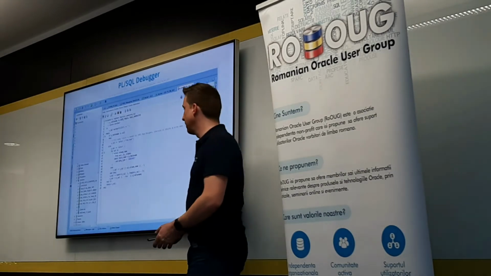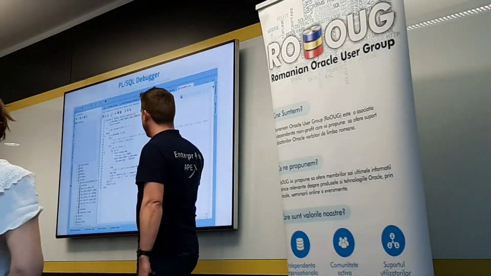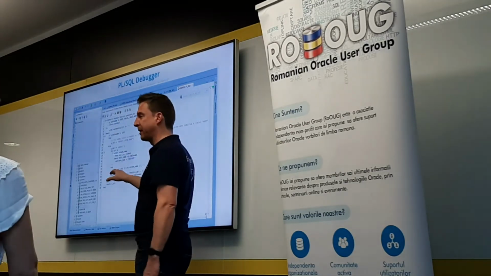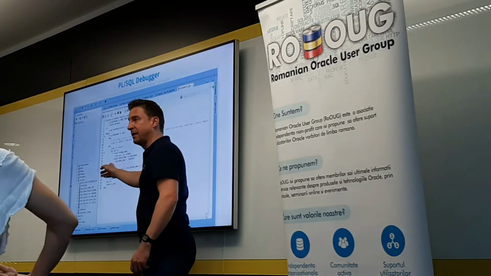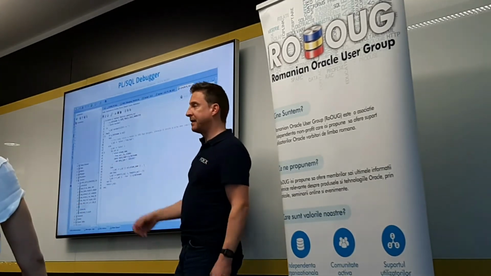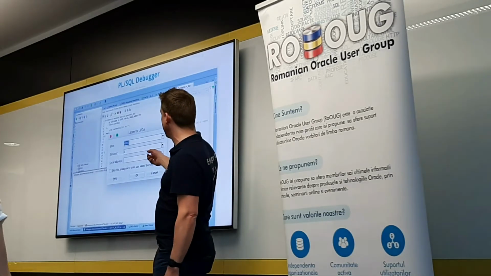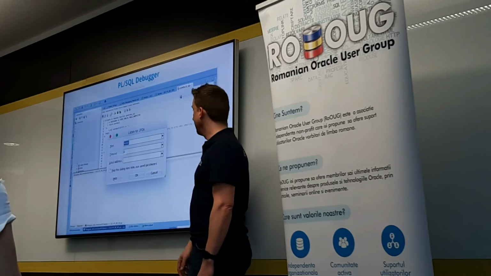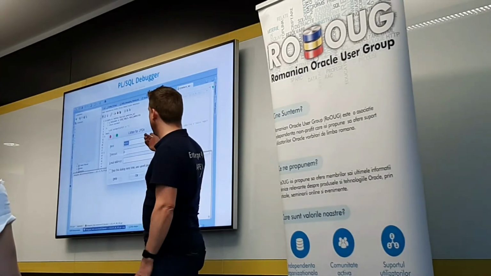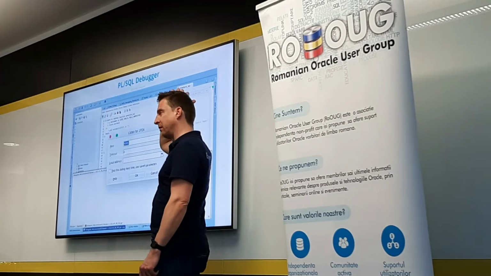Okay, what it does is it tells the database that you want to debug some SQL code. So what you have to do is open SQL Developer, go to your function, procedure, package, whatever, compile for debug, set a breakpoint, activate the remote thing in the Apex URL, and this one pops up and asks you for impossible stuff. It asks you which port. And you know which port? I'm Apex.